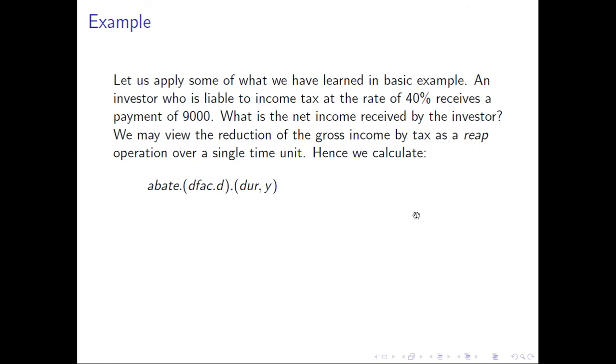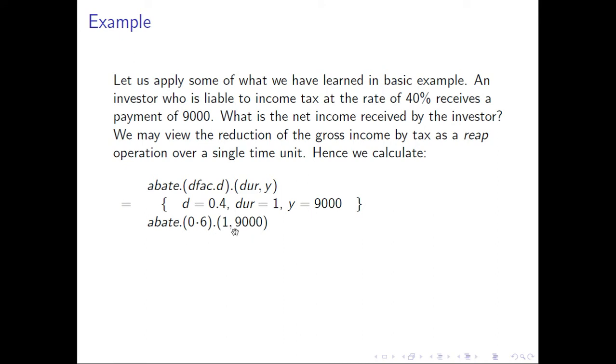So, what we have to do is calculate abate of dfact of d, do, y, and now we just have to substitute the values we've been given in the question. In this case, the discount rate is the same as the income tax rate, which is 40%. So d is 0.4. As we said, we can view it as a single time unit. So do will be 1, and of course y is 9,000.